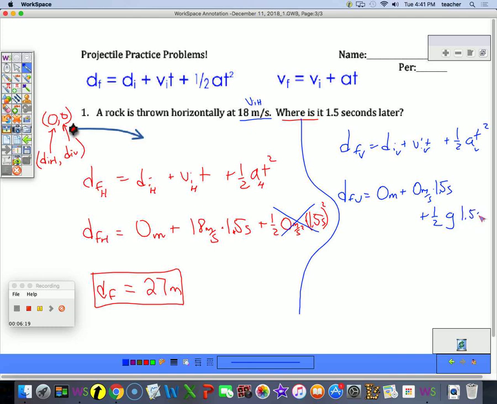So what I know is my final position, 1.5 seconds later, is going to be 27 meters sideways and 11.25 meters down from my original position. So again, by totally separating the horizontal motion from the vertical motion, I was able to identify where the object goes.